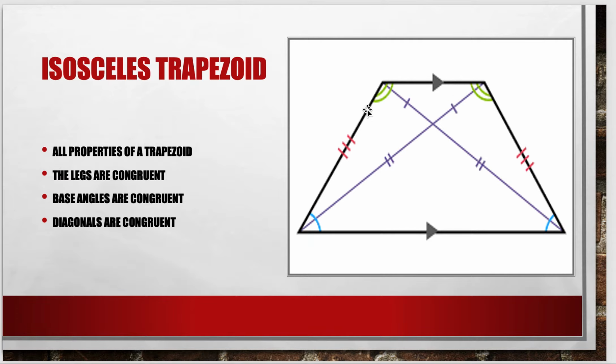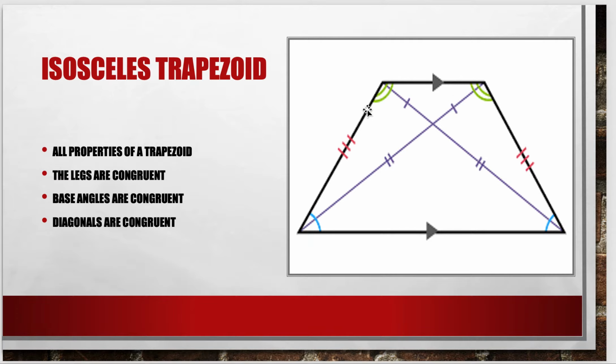And then it also has the base angles are congruent. So this image isn't labeled very well, but this top line right here on the top half, it's parallel to this bottom line. That's just all trapezoids.